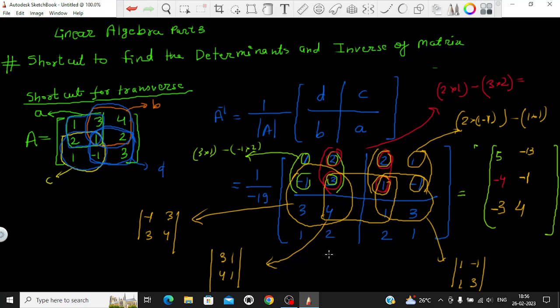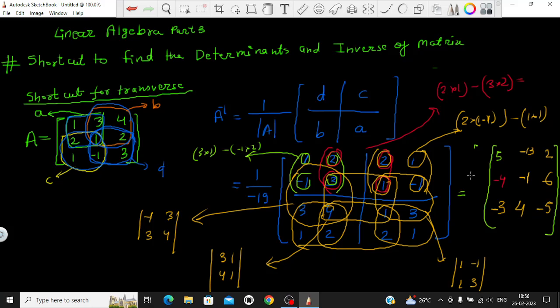Now similarly take these four values, calculate the determinant and write in the third column. So you will get 2. Now you take these four values and calculate the determinant and you will get 6. You take these four values, calculate the determinant and write here, you will get minus 5.